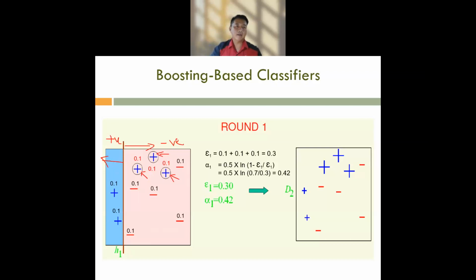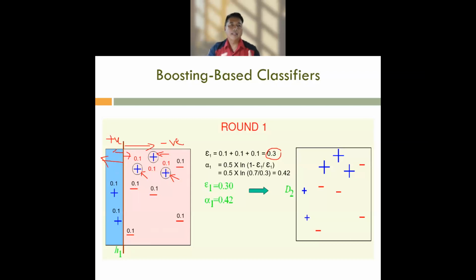These are the errors that we have. So this is the model. If this line separates the positive and negative here, what is the error? The error will be 0.3. We just add up all these values.